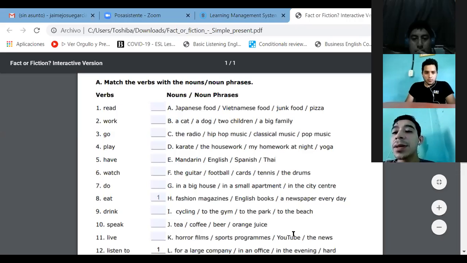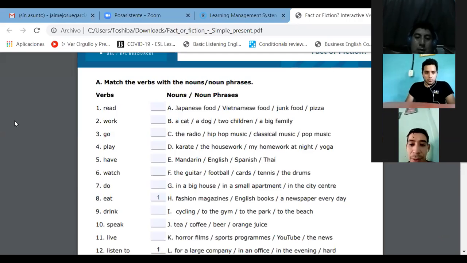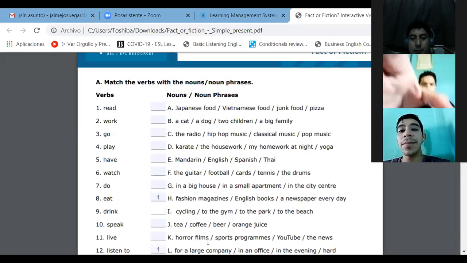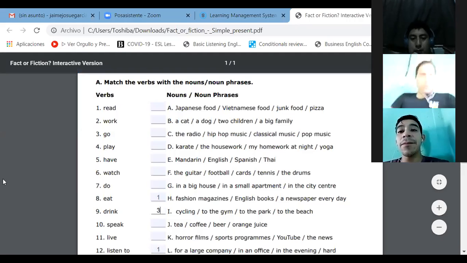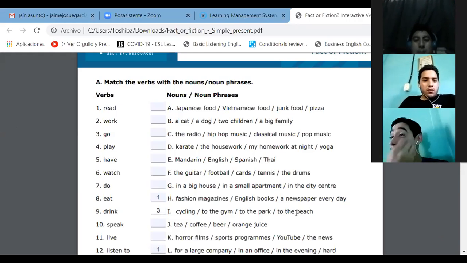Luis Quintanilla, continue with the third one, go. Letter I. Yes. You go cycling, you go to the gym, you go to the park, and you go to the beach. Okay?